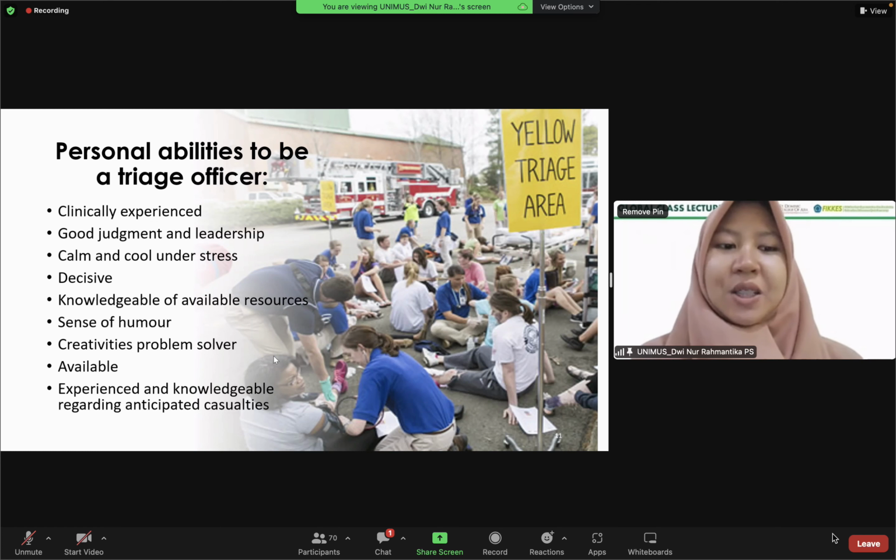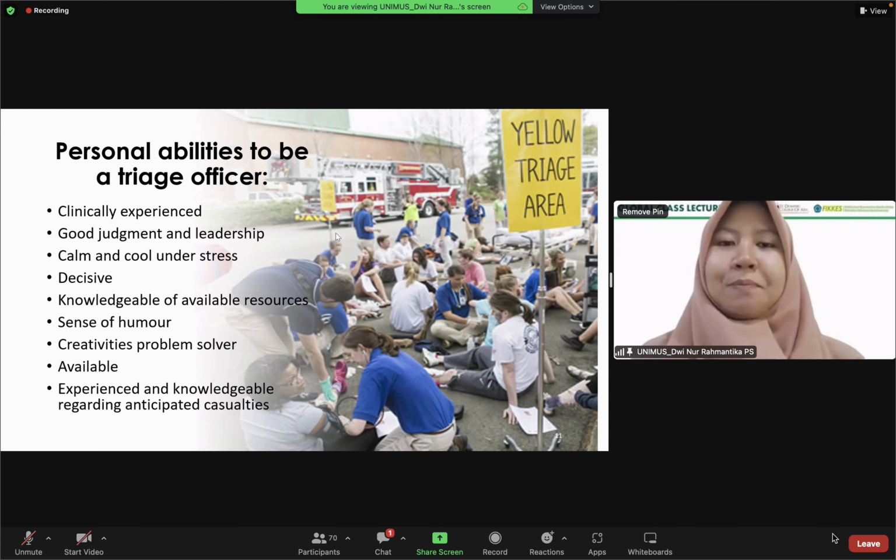The next is creativity and problem solving, because in this situation there is heterogeneity of problems. We should make a decision as soon as possible. We should do the best thing in limited time. And the last is experience and knowledge regarding anticipated casualties.